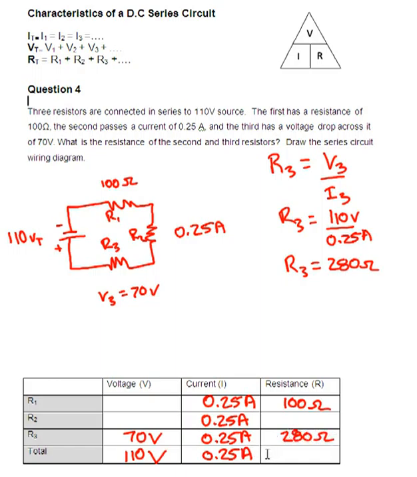Next, if we want to find our total resistance, again we can use Ohm's law. RT equals 110 volts divided by 0.25 amps. RT equals 440 ohms.